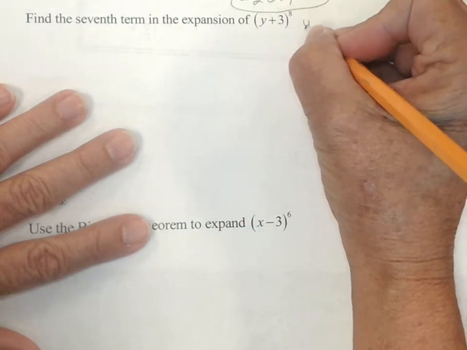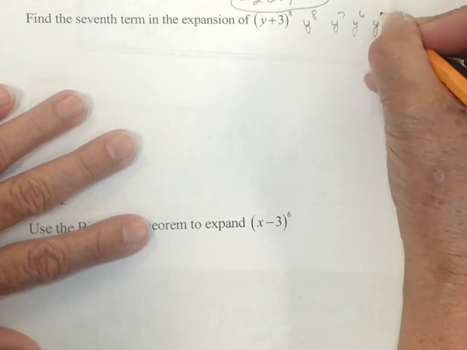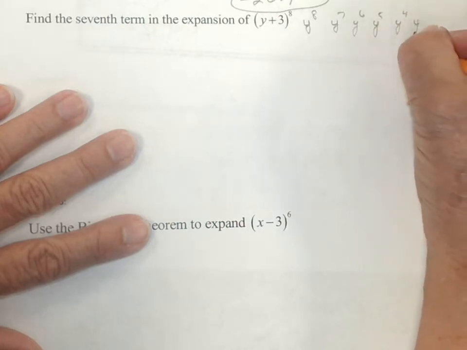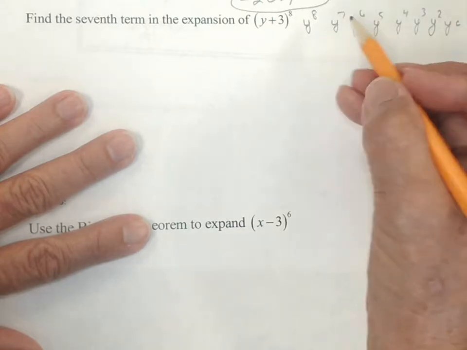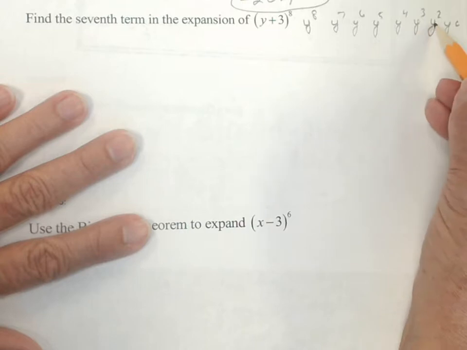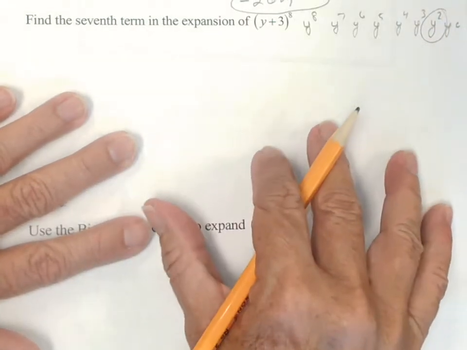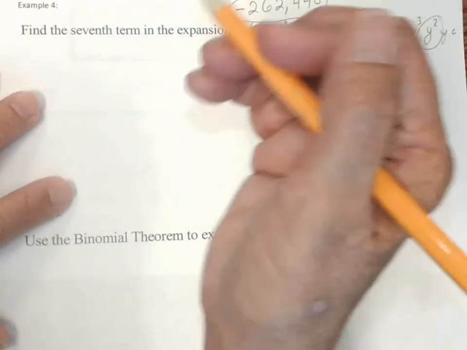We could have y to the 8th, y to the 7th, y to the 6th, y to the 5th, y to the 4th, y cubed, y squared, y, and then a constant. So 1, 2, 3, 4, 5, 6, 7. That's the term I'm really looking for, the y squared term.